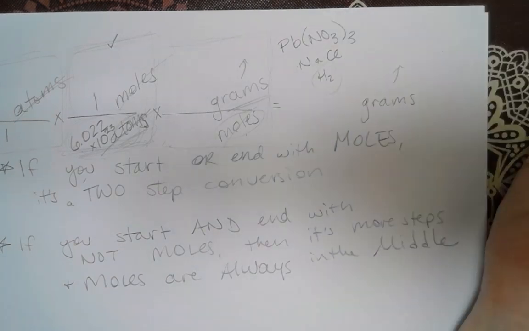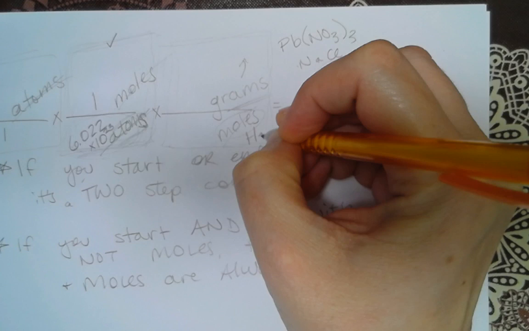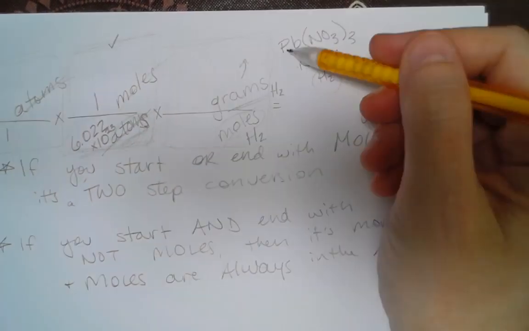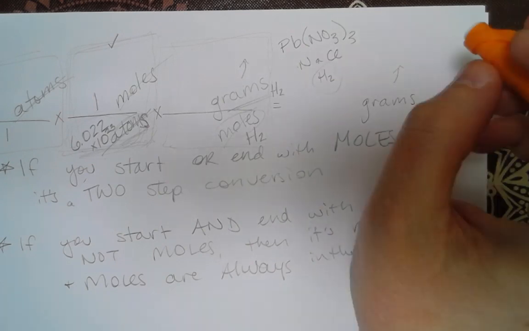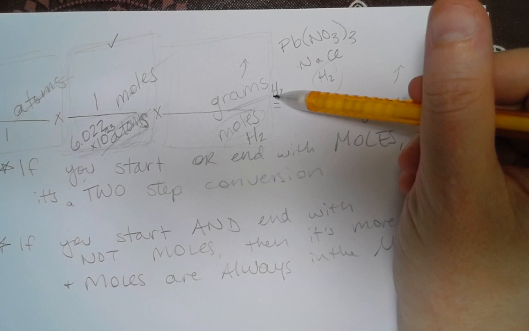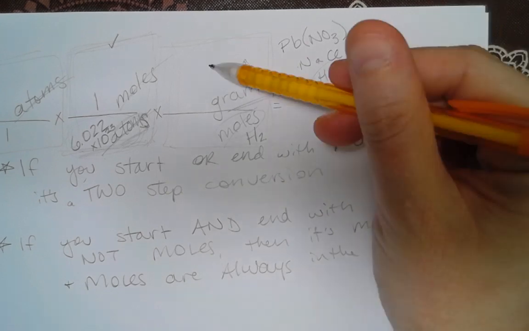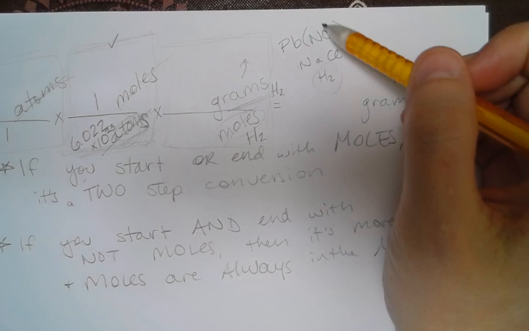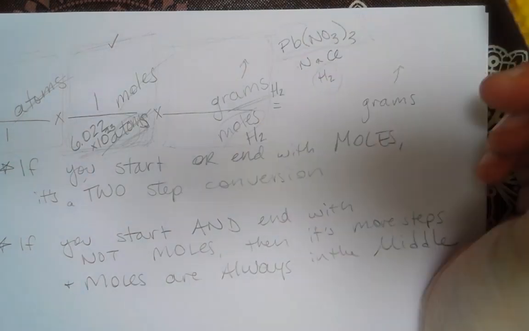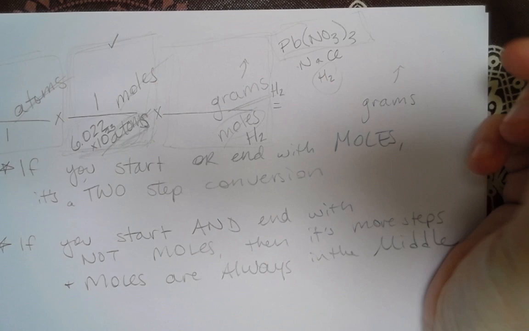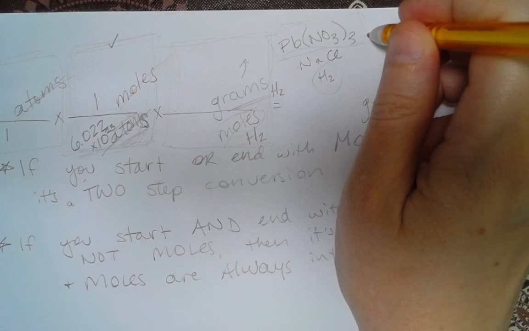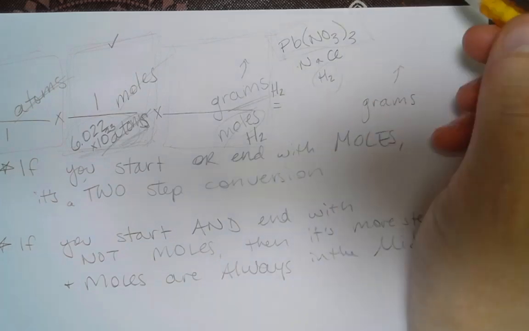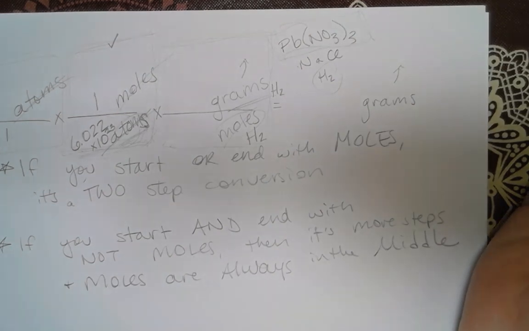So let's do H2. Why not? Could be any of these things. If it's something like H2, you're going to take the mass of 1 hydrogen, multiply it by 2, that's your mass. If it's something like lead(III) nitrate or something crazy like that, now you've got to solve for the molar mass of this thing. In your review guide, I gave you soap, which has a huge molar mass because it's like 18 carbons or something like that.